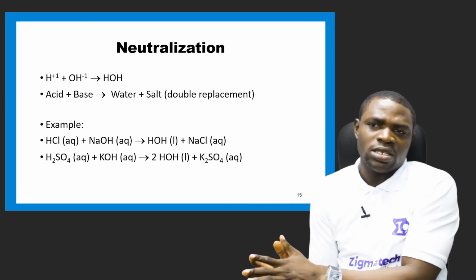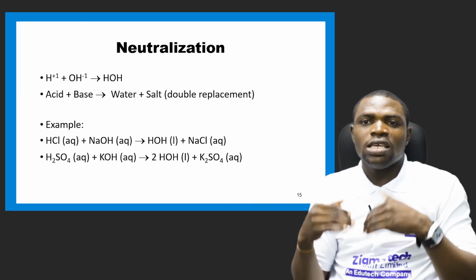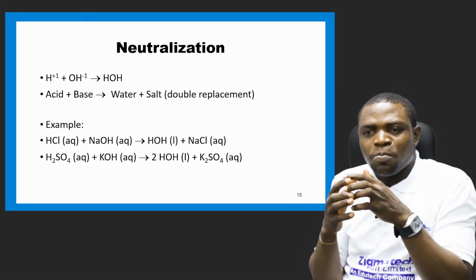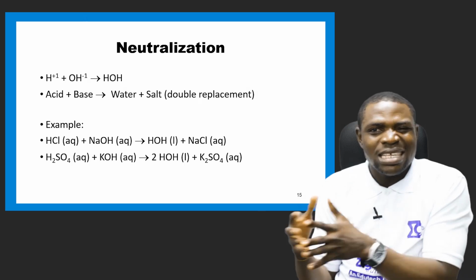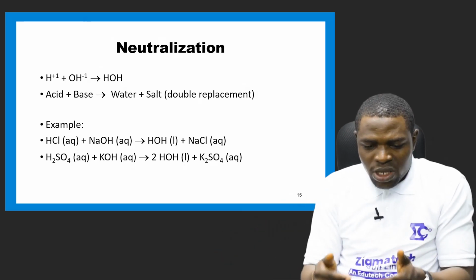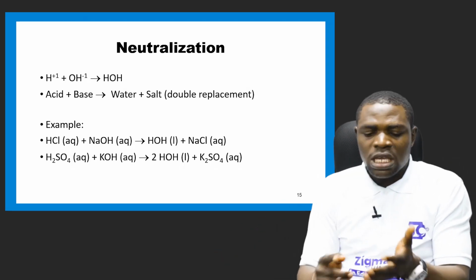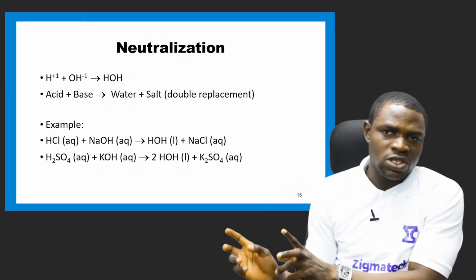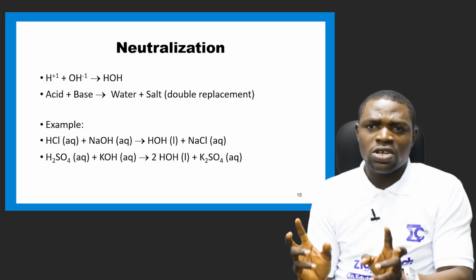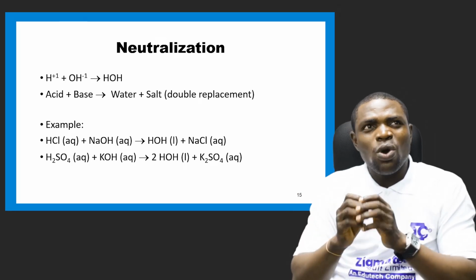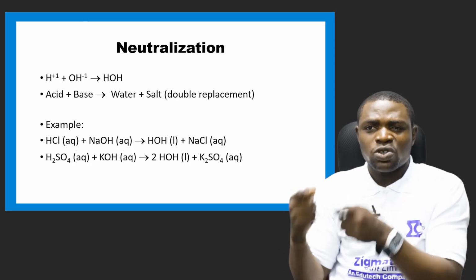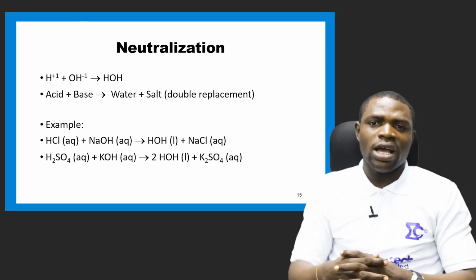There are some unique properties and some reactions that each of these exhibits, and we cannot explain them explicitly and extensively until we follow these three fundamental principles given by Arrhenius, Brønsted-Lowry, and Lewis. These three theories are what we're going to go into in detail, and we're going to use their postulations as the basis of our explanation.